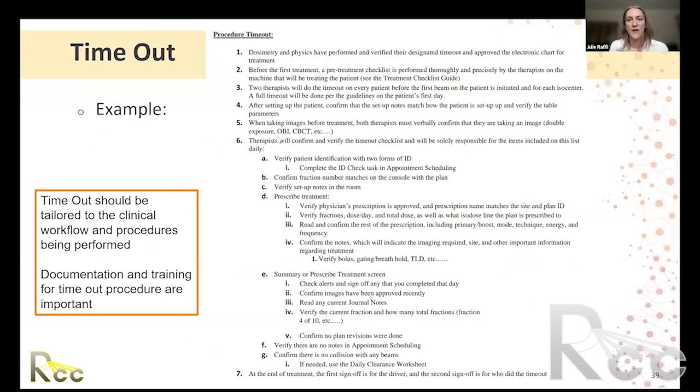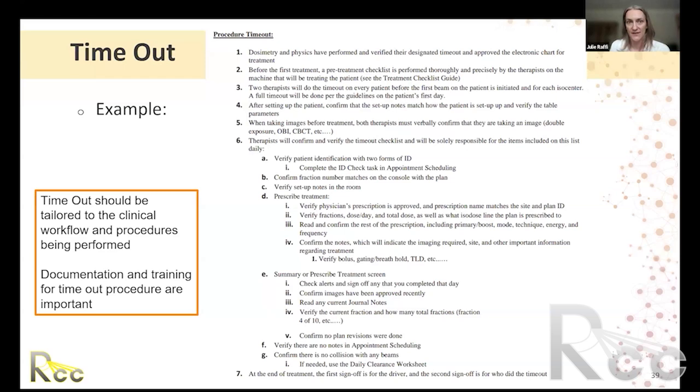But the main timeout that I'm talking about is directly before treatment, right before turning the beam on. There should be a timeout procedure. This looks like a very lengthy procedure, but this is just to be very detailed, so it can be used for training so that the therapists understand which key items they should be checking. In practice, it doesn't take very long to make it through these steps.